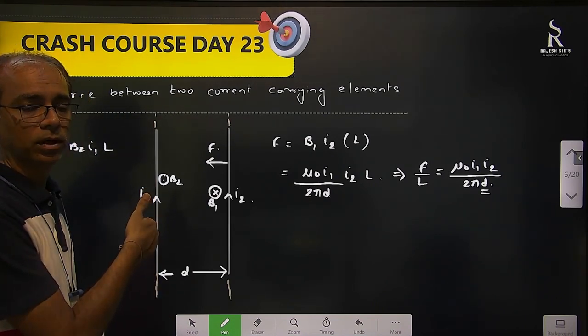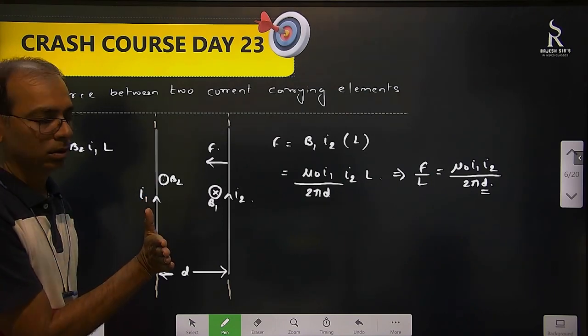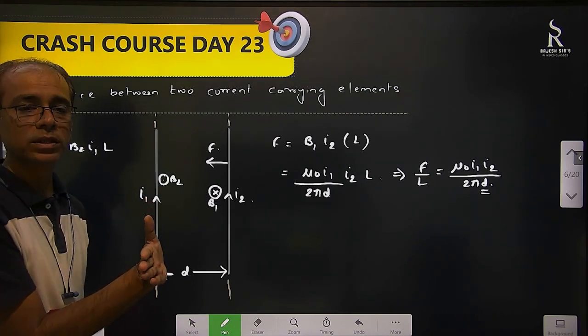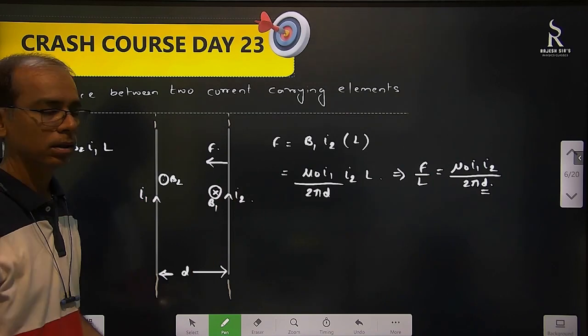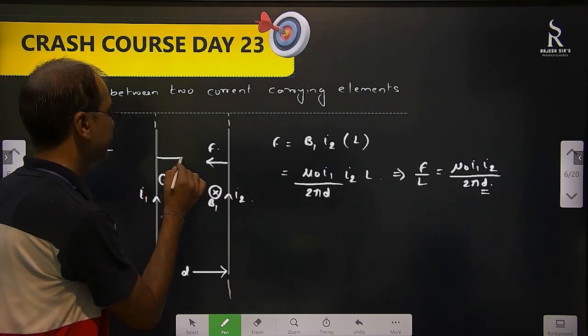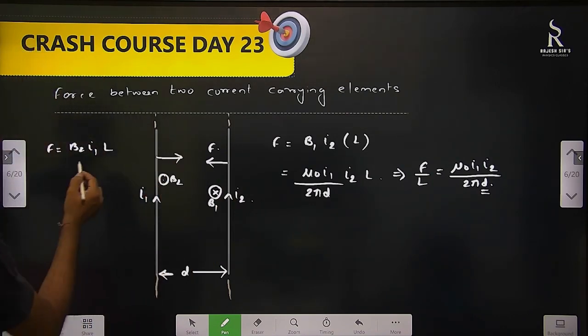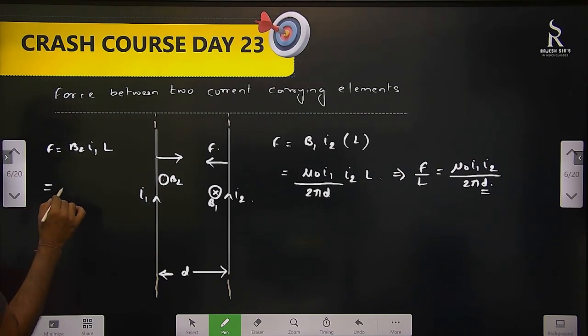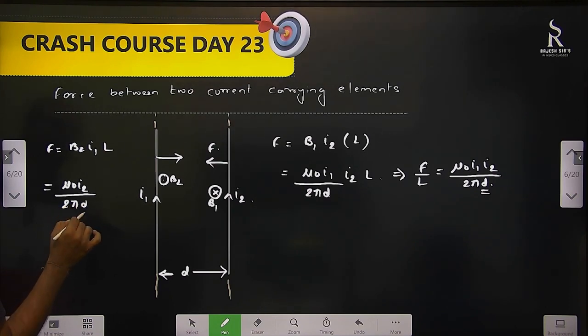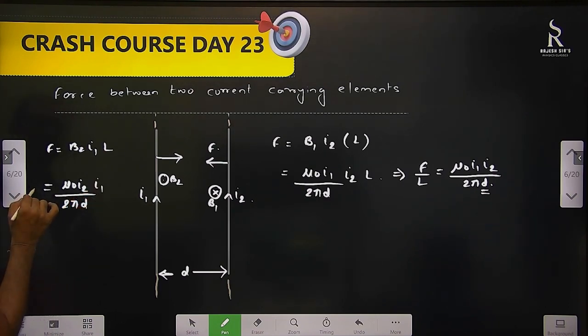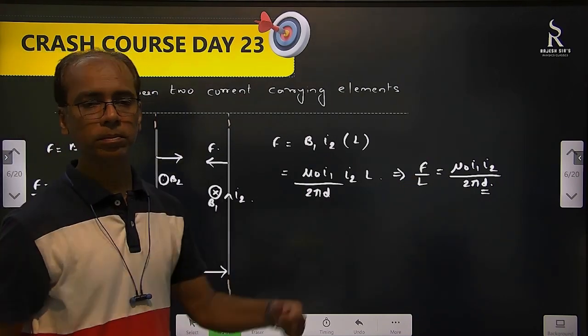Magnetic field is outside, like this. So force is in this way, like this. What is its value? Check. B2 is mu naught I2 by 2 pi d into I1, and here is force per length. So this value and this value are exactly the same.